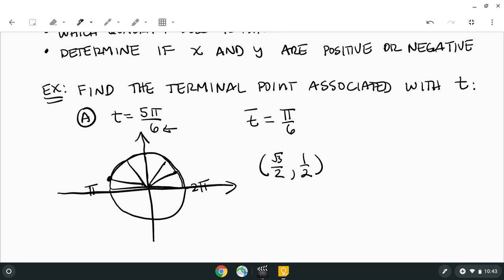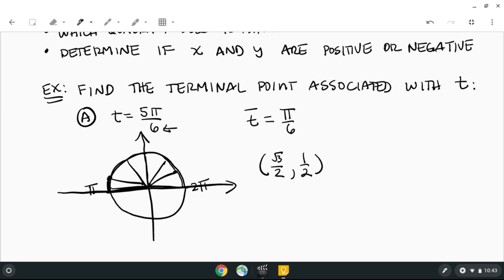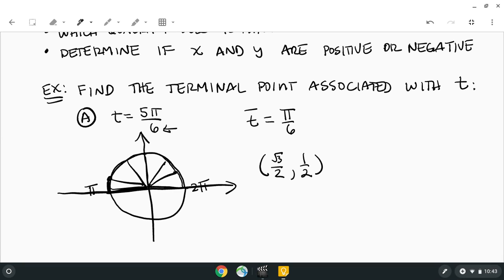And we see that here, x values are negative, y values are positive.